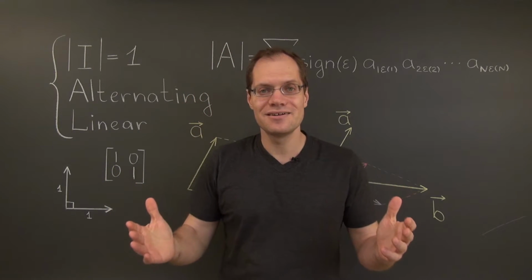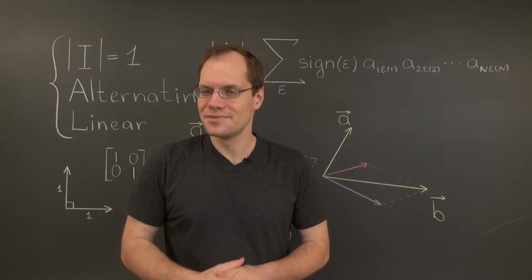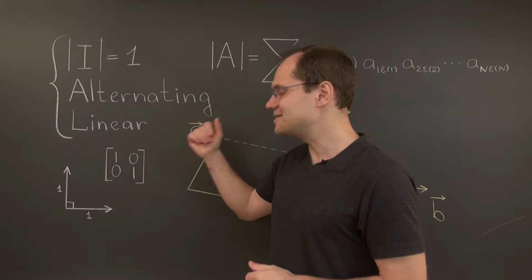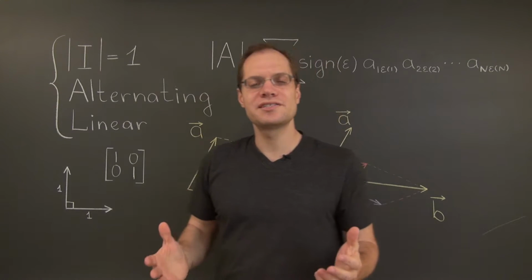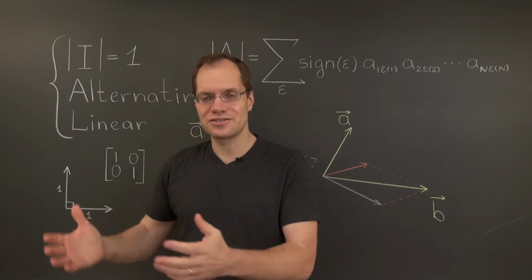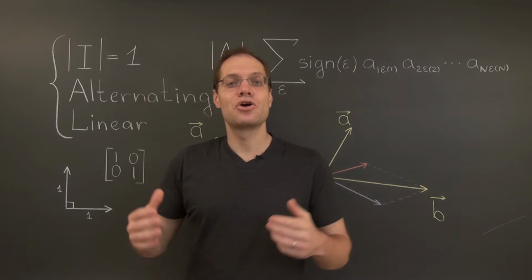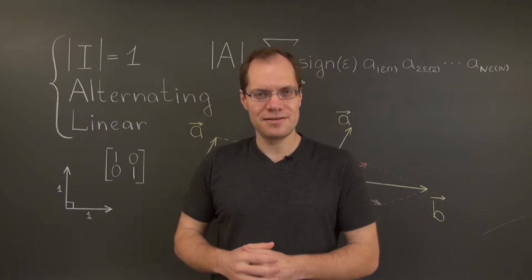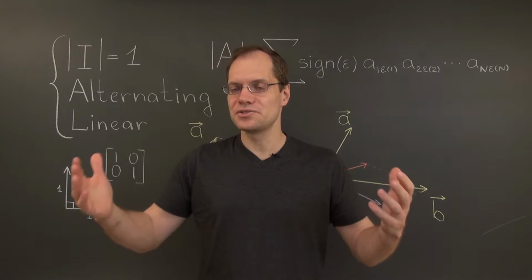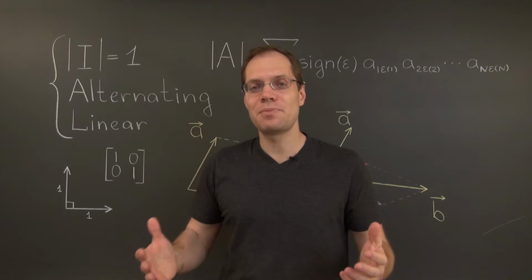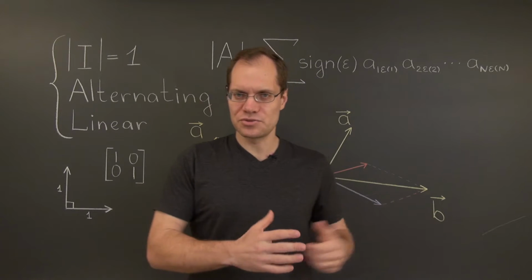Something very similar will happen in 3 dimensions. The 3 by 3 identity matrix still has determinant 1 and corresponds to the 3 vectors of the basis. And the corresponding parallelepiped is a 1 by 1 by 1 cube whose volume equals 1. And so the corresponding signed volume equals 1.